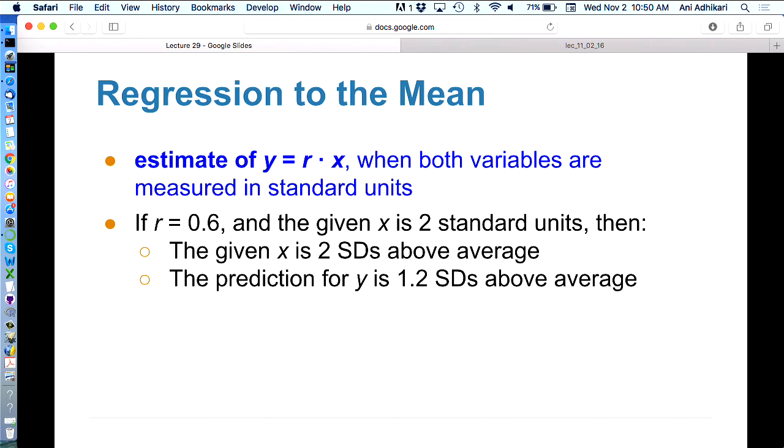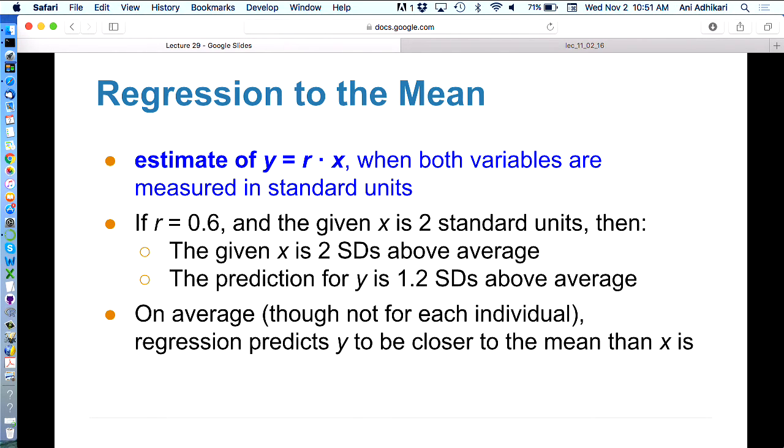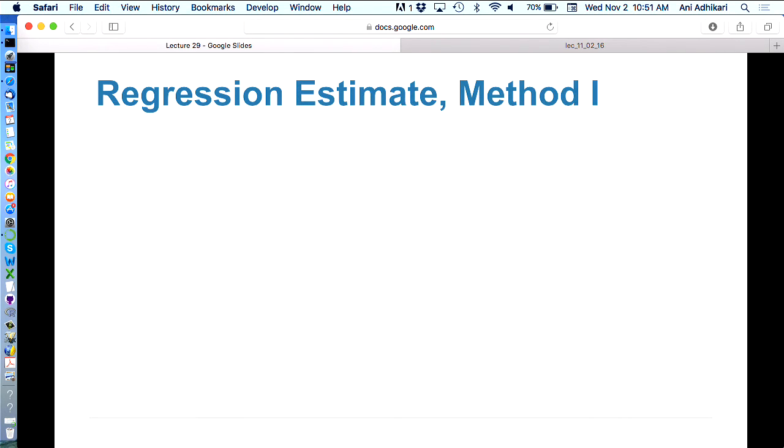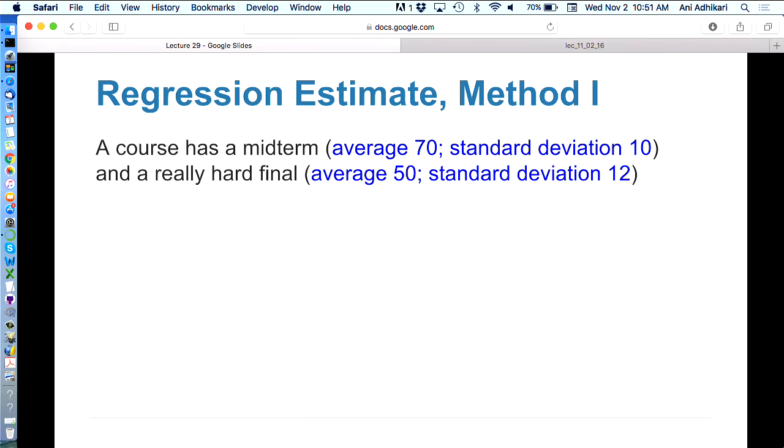Because that's 0.6 times 2. That's it. That's your regression prediction. And we just said that on average, the regression prediction says that y will be a little bit closer to the mean in standard deviations than x was.